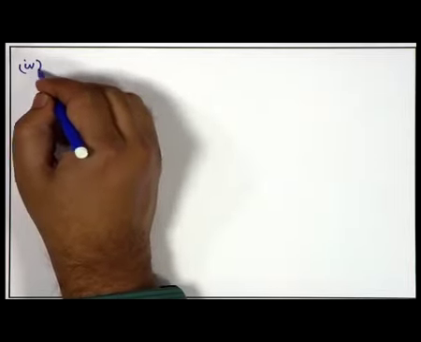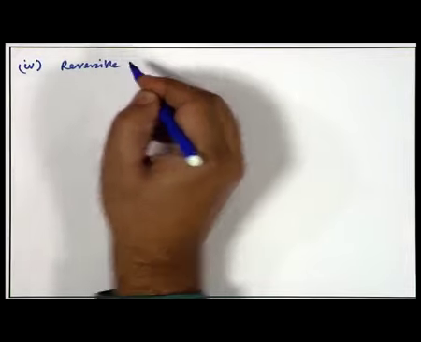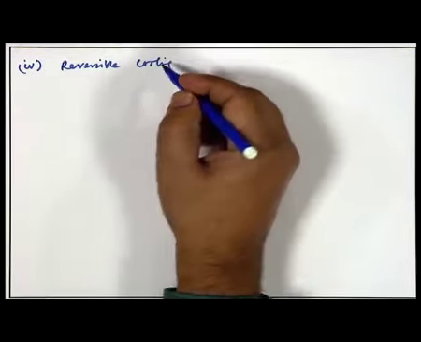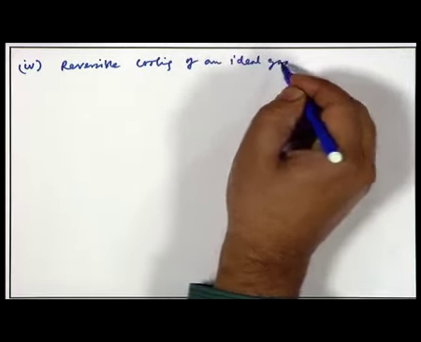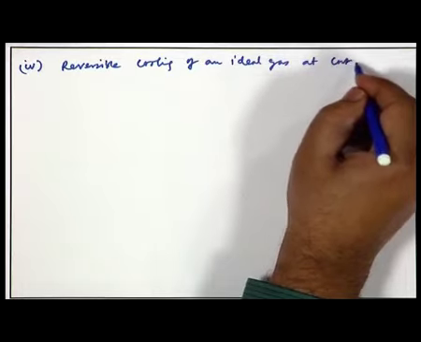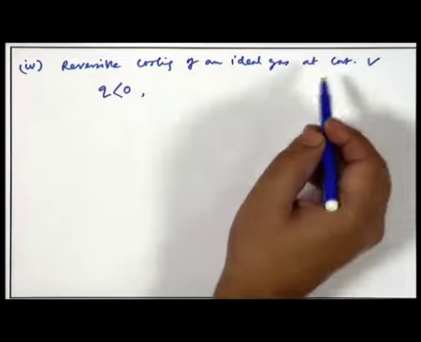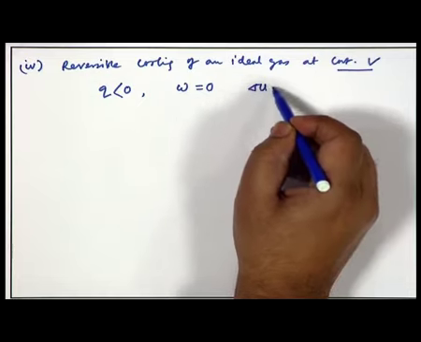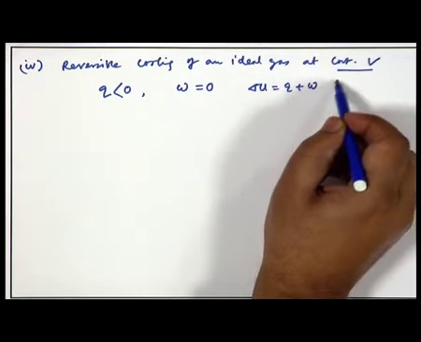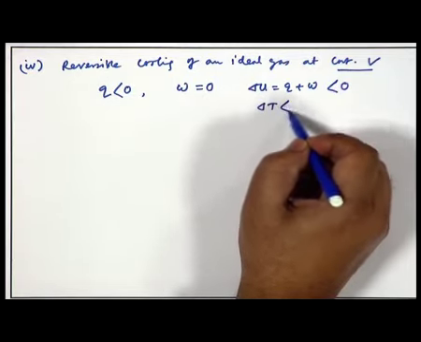So, in this series I will give the last example, reversible cooling of an ideal gas at constant V. Again cooling means Q less than 0, constant V, W is equal to 0, del U equals Q plus W less than 0, hence delta T less than 0.